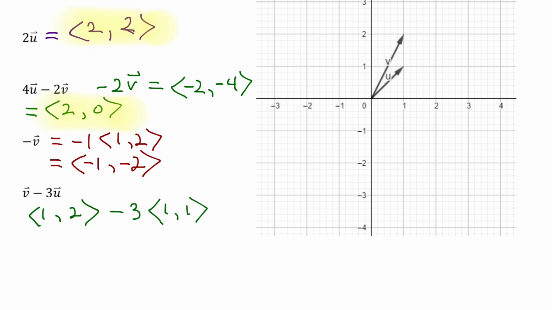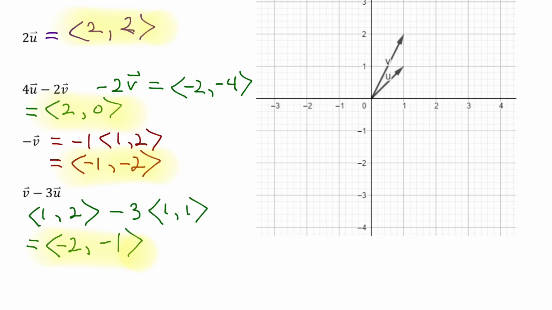And I'm going to get a new vector, which is called V minus 3U. So I could say 1 minus 3 times 1 is negative 2. And then 2 minus 3 times 1 is 2 minus 3, which is negative 1. So I did it sort of like a mathematical equation.